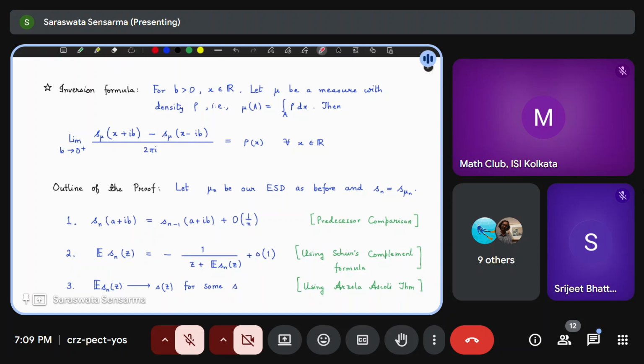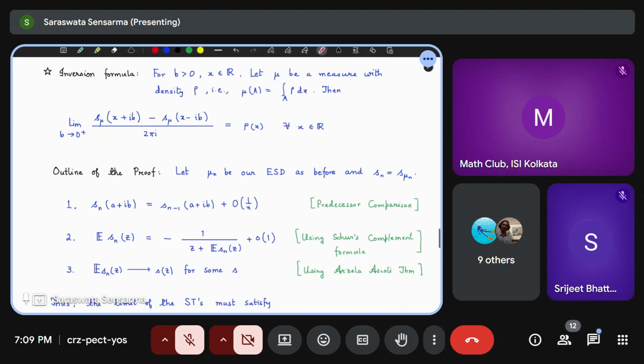What do we want to show? Our empirical spectral density converges to the semicircle law. Instead of showing that, let's say Sn is the Stieltjes transform of this mu n measure. Then there are these three steps.